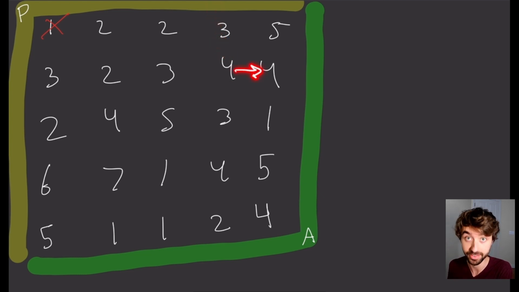Remember, the water can flow if they're equal. So we can get to the Atlantic Ocean that way, and so we could mark that cell as true. We can get to both of them. So we could go through the entire grid, marking each cell yes or no, and just taking the ones that are yes and putting them in a list. But this means that we would have to consider every single cell in the grid.